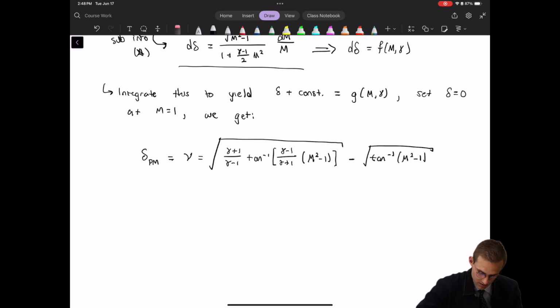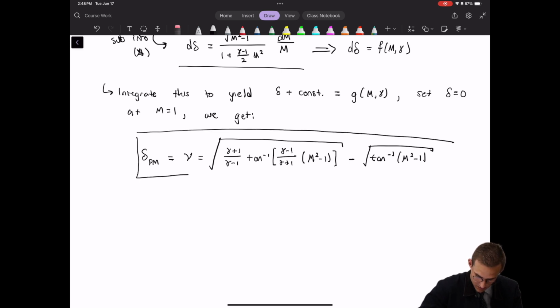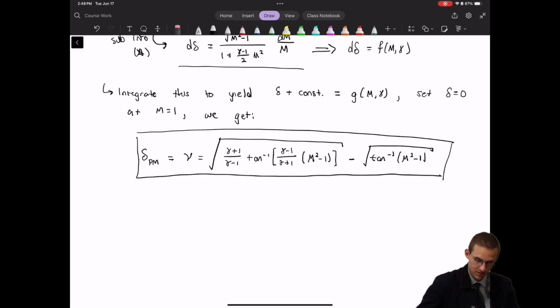So that's after doing that integral, and this is called the Prandtl-Meyer function.